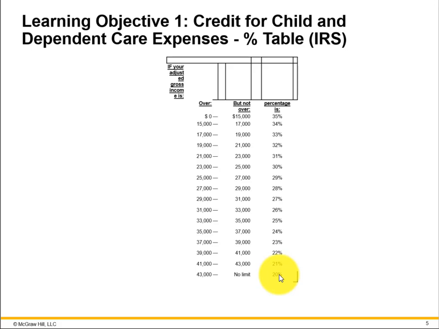Maybe they started their own business. They're working all the time, but the business isn't making much money. That can still be a problem, because that would be a limit to how much you could consider for this credit. It's based on that income, which could be low when you're starting.